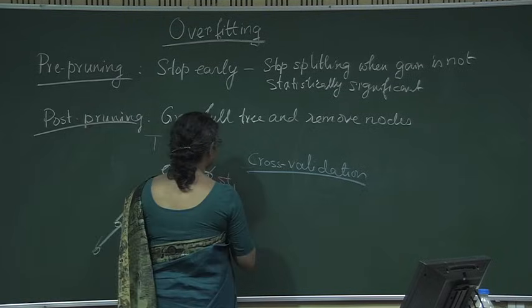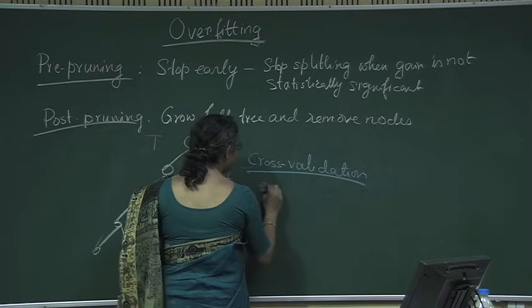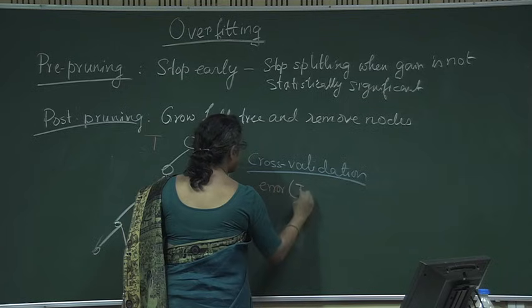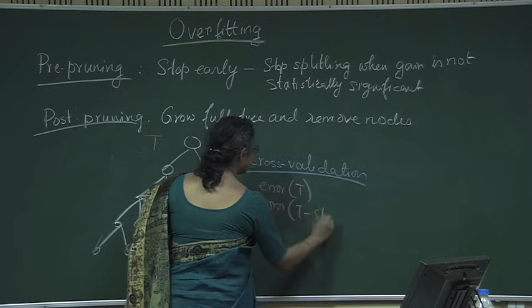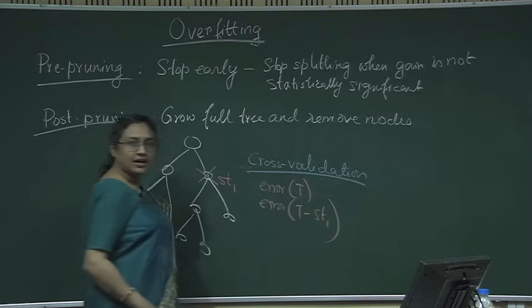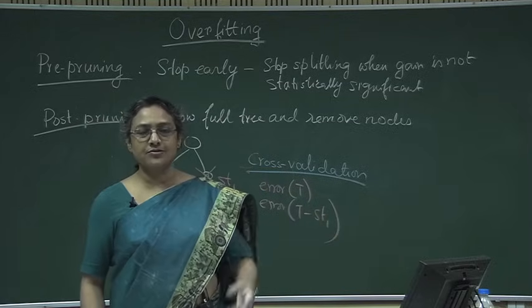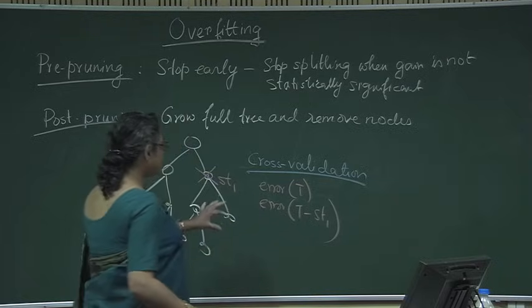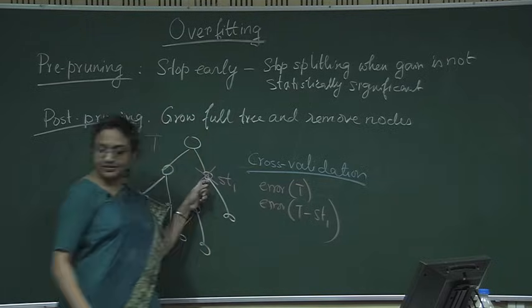You find out the error of T and the error of T minus ST1, that is, the error after removing the subtree. If this error is smaller, then this is a candidate for removal.